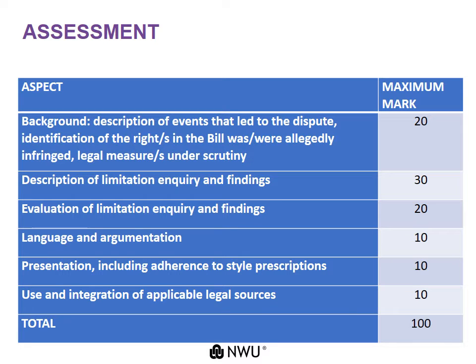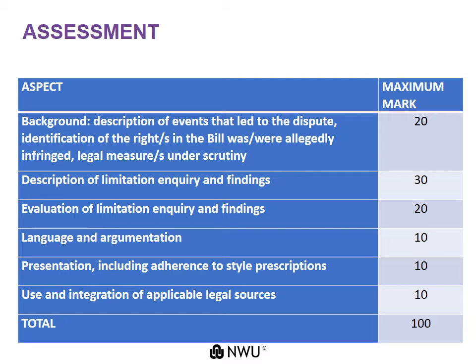Why do we give the assessment grid? Why do we bother? We actually give it to tell you how to do the assignment. This should serve as a guideline for how important certain things are and what weight you should attach to which aspect.